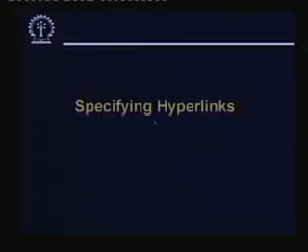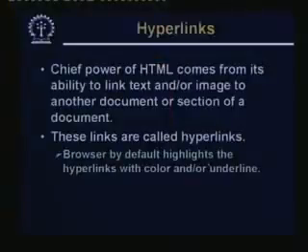In HTML one of the very important features is to specify hyperlinks, because HTML is a language in which you can provide links from one document to other resources. It can be another document, another image, some other file like PDF, PostScript, anything. So, the way we can provide this kind of links is very important, and these kinds of links are called hyperlinks.